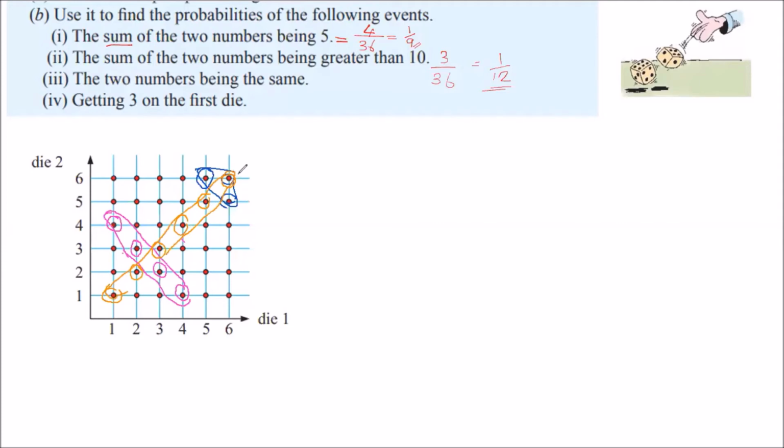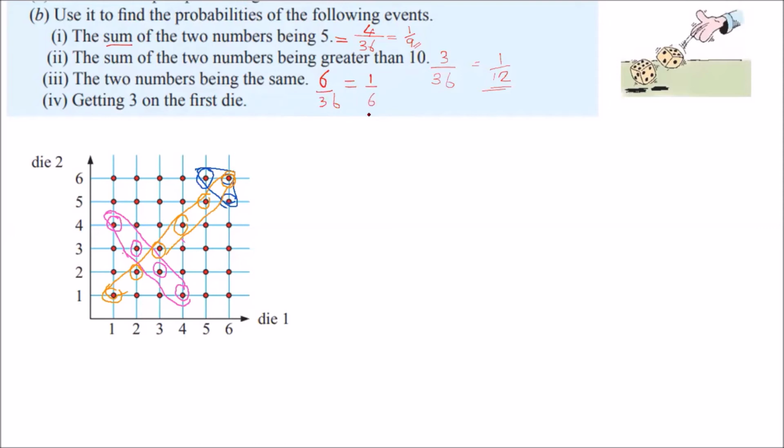Then there are 6 such events. Therefore, 6 over 36 in the simplest form, 1 over 6.